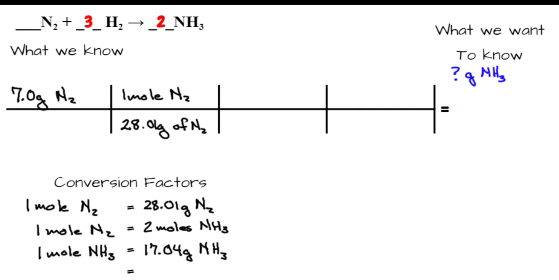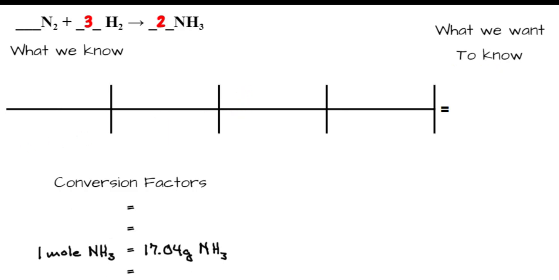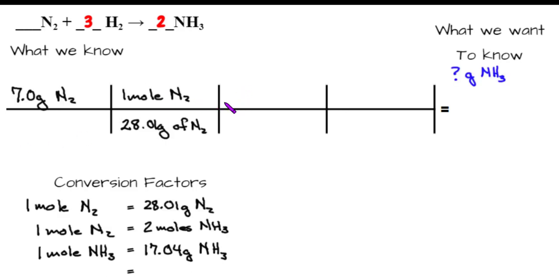And so if that's the case, I'm going to put 1 mole of N2 on the bottom here, but then on the top I'm going to put 2 moles of NH3.